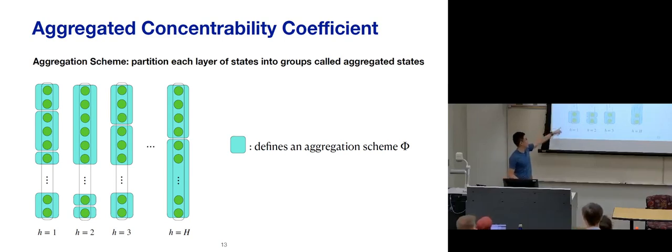These rectangles denote a possible aggregation scheme. One thing we require is that the aggregation cannot go across layers, so we cannot group this state and this state. It has to be within each layer.